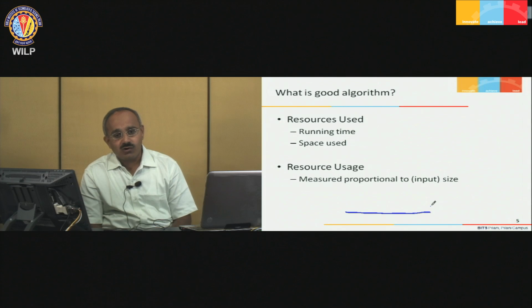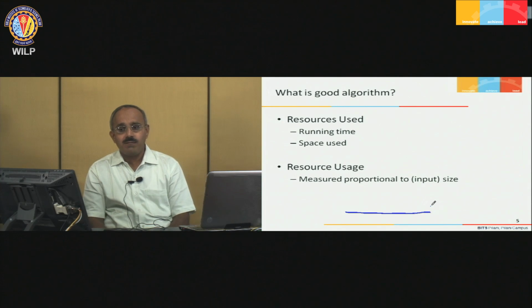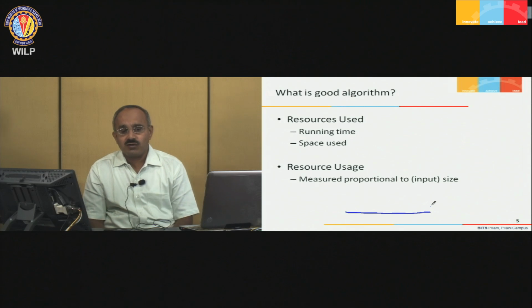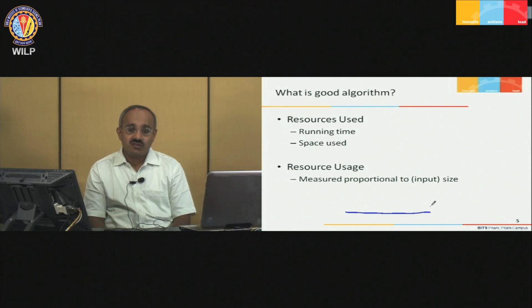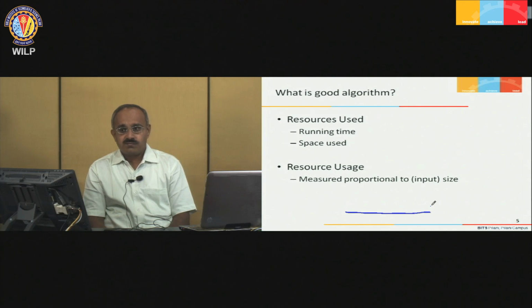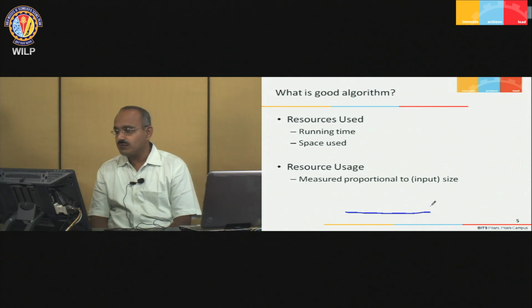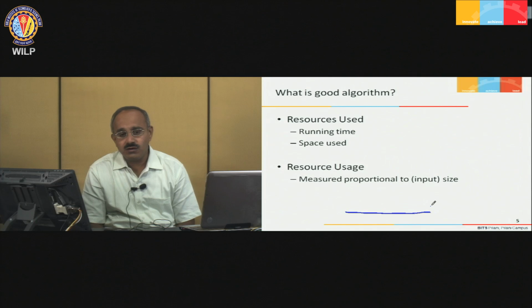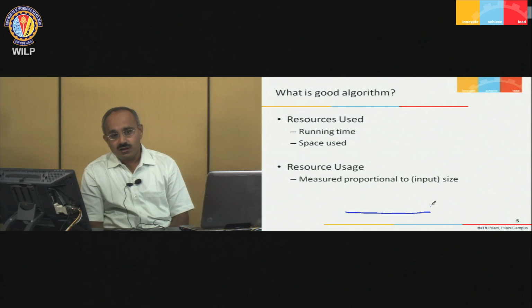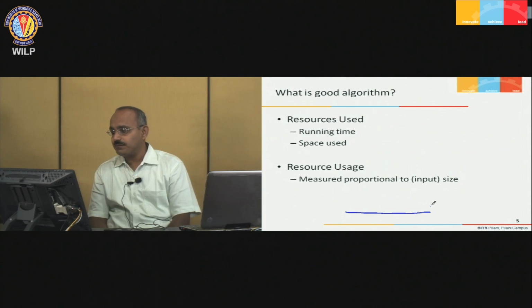So, when we want to write down a program, two things are important. One is the actual running time, that is the time required to execute your program, and the space that is used, or the memory that is going to be required to execute the program. So, these two key factors are going to be the determining factors in deciding whether an algorithm is good or bad.